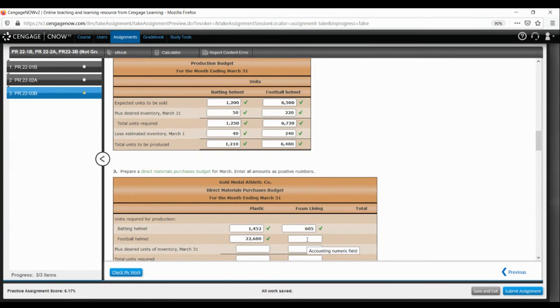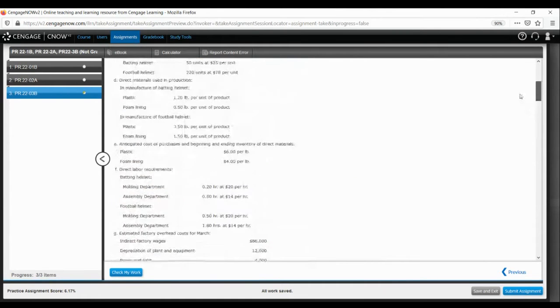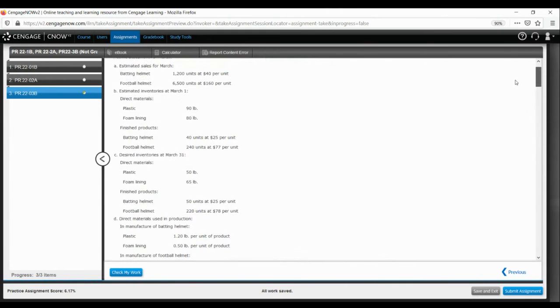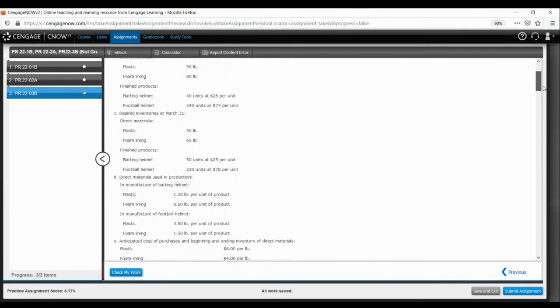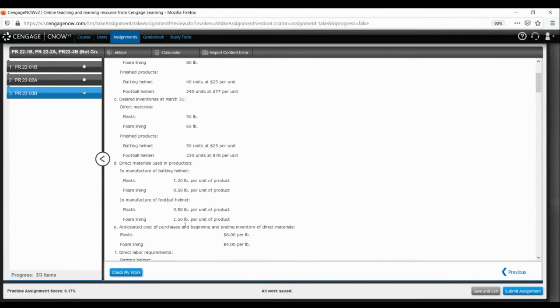For our foam lining for the football helmets, we're going to do the same thing. Take the total units to be produced of football helmets, which is 6,480. We're going to multiply it by the amount of materials it takes to produce the football helmet, which for the plastic is 3.5 pounds.